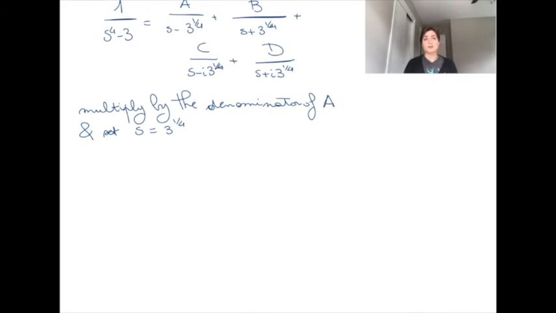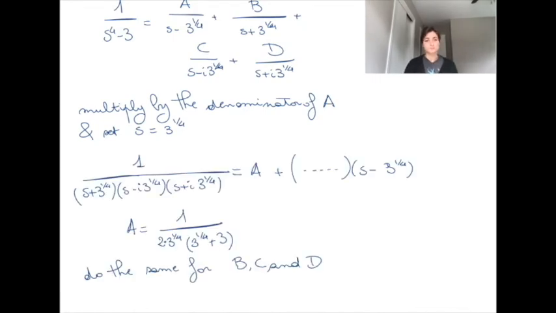We're going to multiply both the left-hand side and the right-hand side by the denominator of capital A, and we're going to set s equal to 3 to the 1/4, such that the denominator of A is equal to 0. If we do that, things simplify a bit. We notice that all the terms that involve B, C, and D are multiplied by something that we have just set to 0, so they disappear.